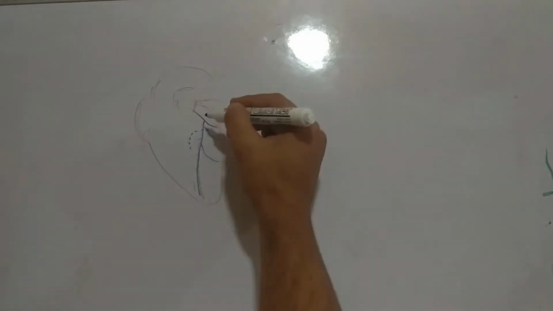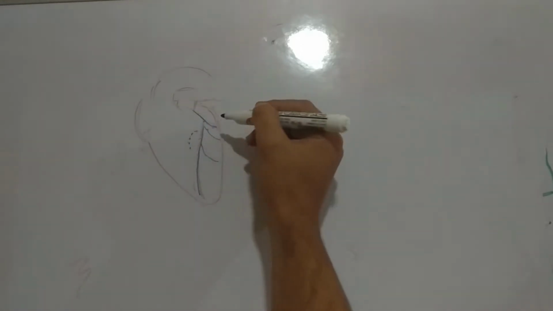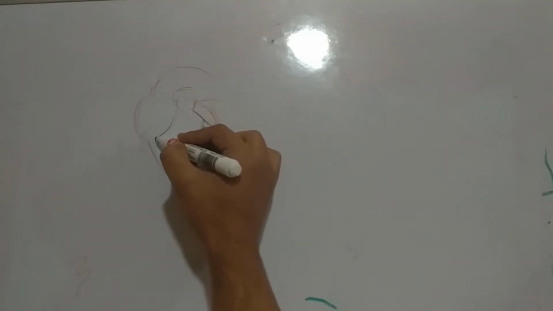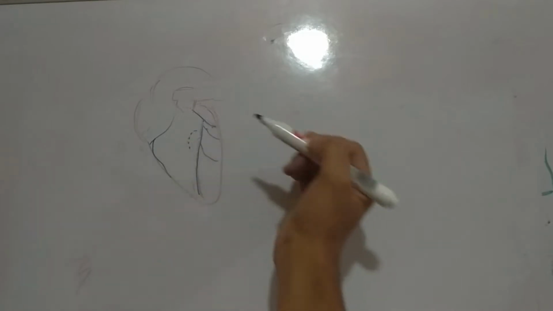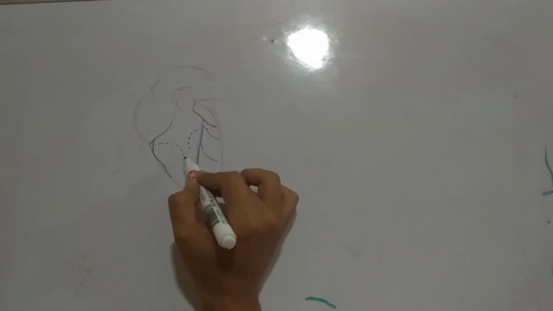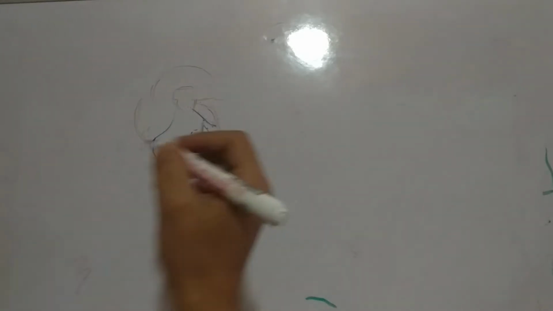This is your left circumflex artery on the backside. And likewise, the right coronary artery comes like this, and there you can see the acute marginal branch, and it goes behind and mostly forms the posterior septum, supplying the posterior part and inferior part.